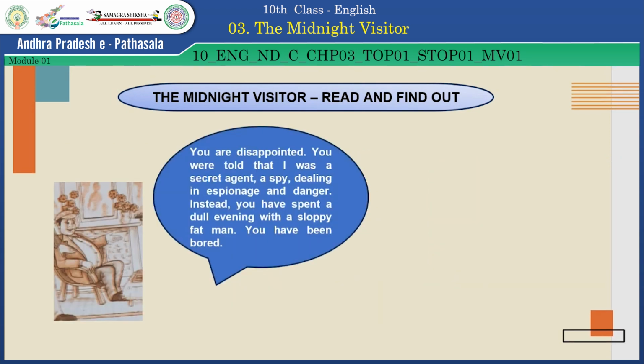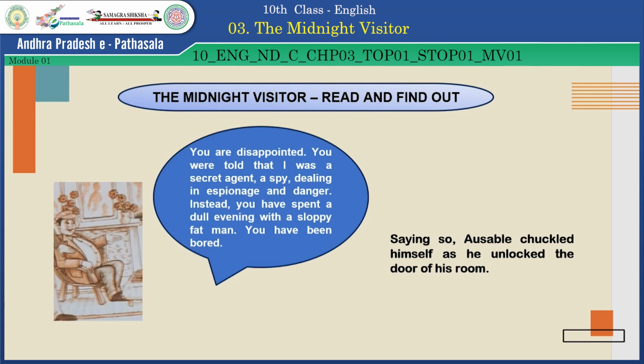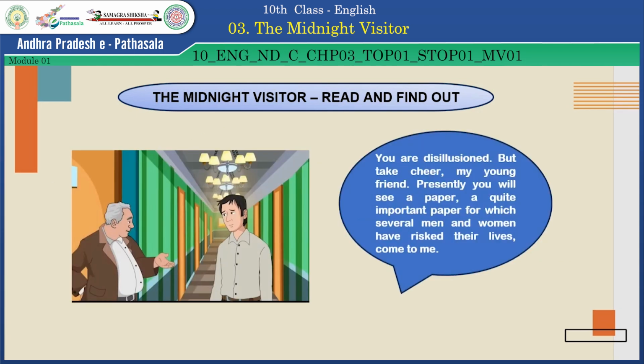"You're disappointed. You were told that I was a secret agent, a spy, dealing in espionage and danger. Instead, you have spent a dull evening with a sloppy fat man. You have been bored." Saying so, Asbel checked himself as he unlocked the door of his room. Asbel continues, "You are disillusioned, but take cheer, my young friend.